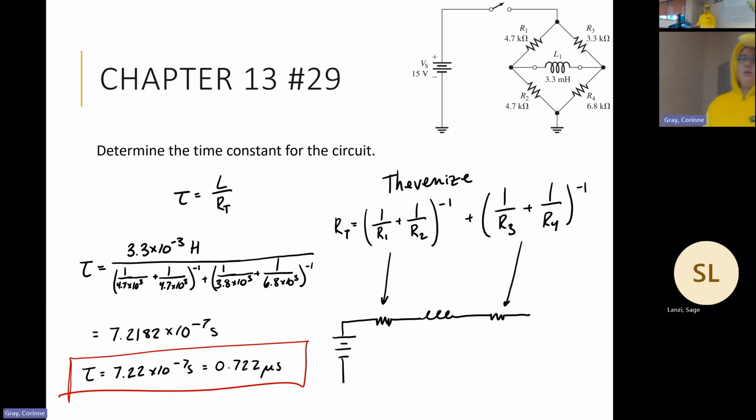Questions on 29 before we use this for 30? Yes. So you replace the L1 with a wire. So you're talking about when you Thevenize? That is where you're trying to look at the voltage.